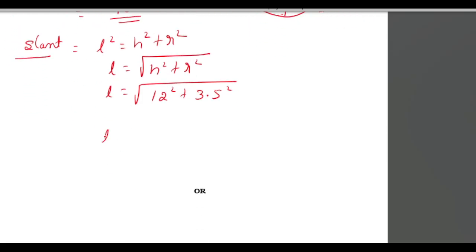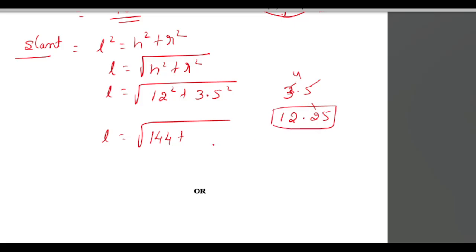L is equal to root of 12 square, which is 144, plus 3.5 square. 3.5 square: 5 square is 25. The next number of 3 is 4, 3 fours are 12, so with the decimal point that is 12.25.